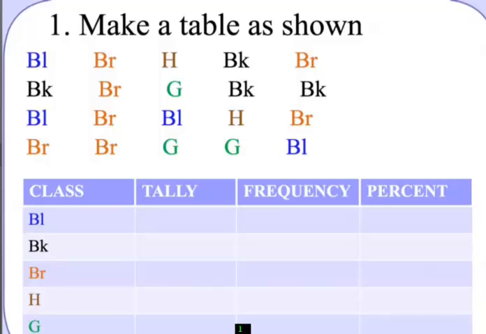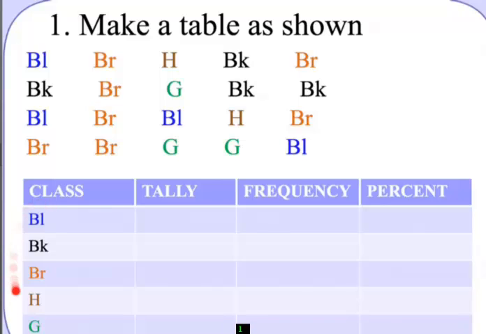I'm going to have a column for class, a column for tally, a column for frequency, and a column for percent. Now, the class column is just what category each person fell under. Did they fall under the blue, the black, the brown, the hazel, or the green?